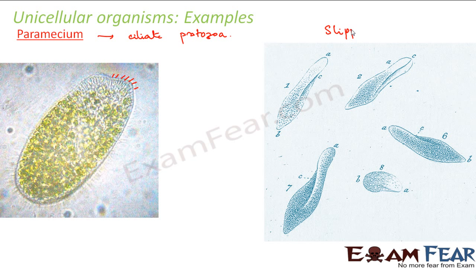So why are they known as slipper animalcule? Because of their appearance. If you look at this picture, these are all paramecium. Now the parameciums look like a slipper, right? If I don't tell you that this is a paramecium, just by looking at the picture, you will get an impression of a slipper, right? So that is why they are also known as slipper animalcule.